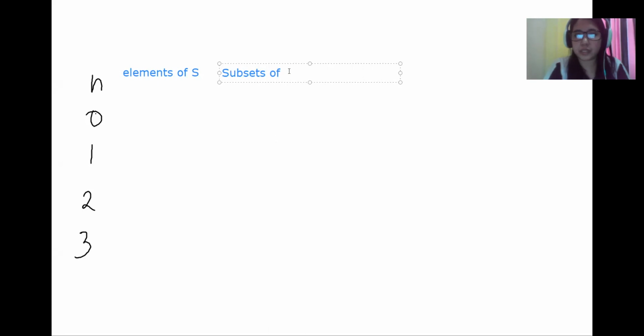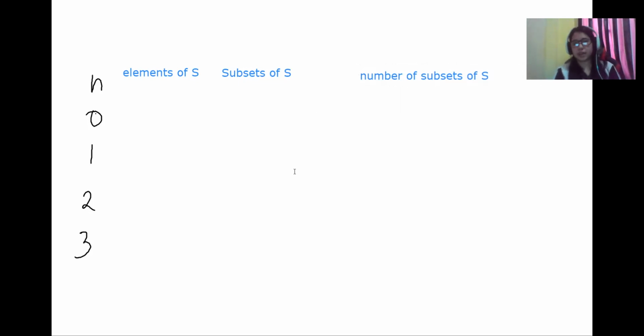And of course, the number of subsets. We are going to use this table for us to search for the pattern.